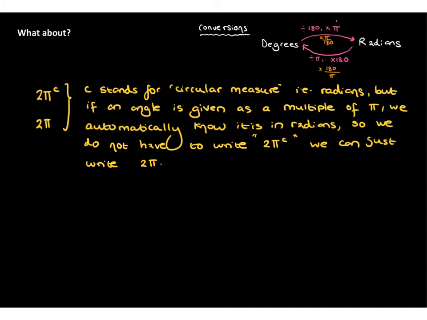Now, what happens if you have an angle in radians that is not a multiple of pi? So what about an angle 2.5c? The presence of the c there helps me know that this is in radians, or I can write 2.5 radians. And that then gives me full clarity that my angle is in radians.